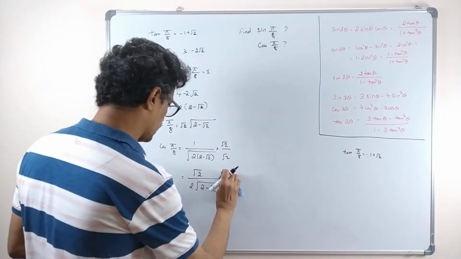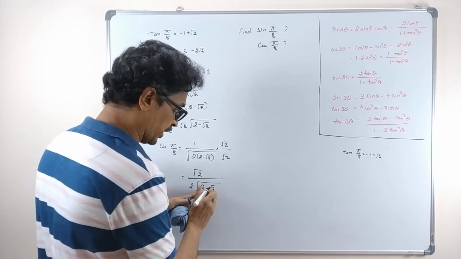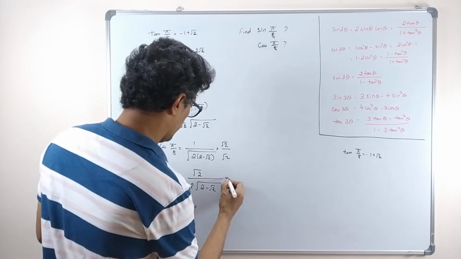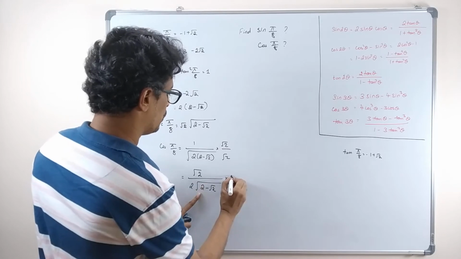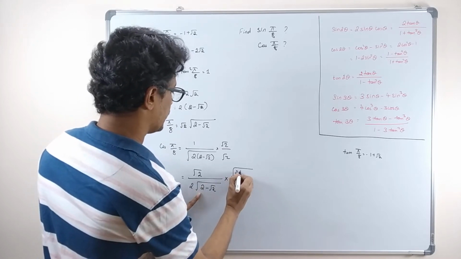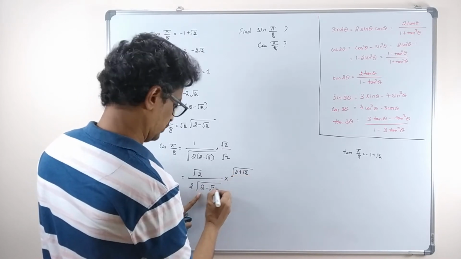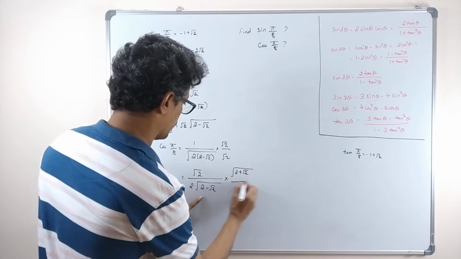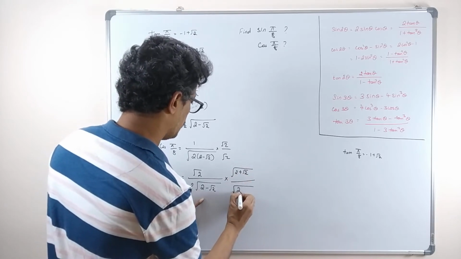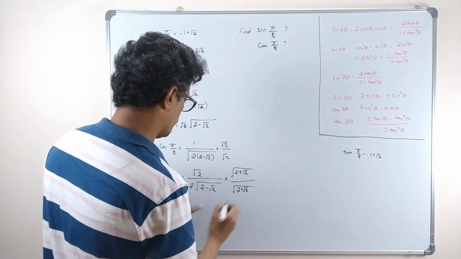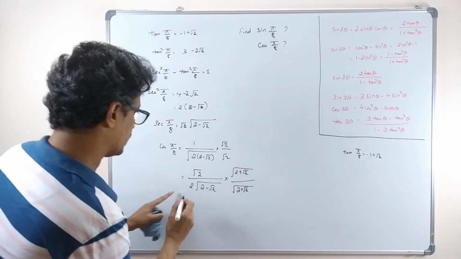But if you want to go further, then you can take a conjugate of this. So what will it be? Root of 2 plus root of 2 divided by root of 2 plus root of 2. Okay? So then you can use, how will you write it?